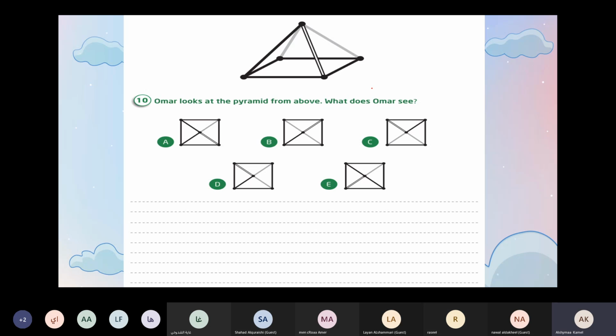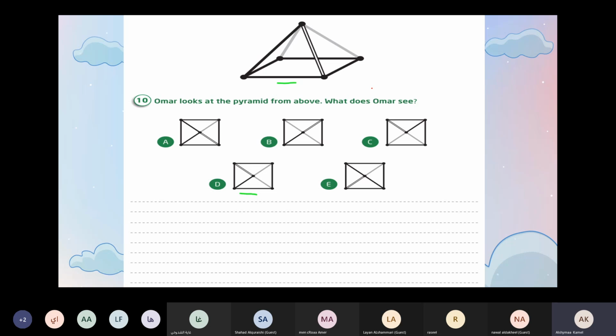Here I have 2 gray sides together on the same side. So which one will be the pyramid from above? C or D? I think it's C or D. Let's see, D looks like this one. The gray sides are not here on the right.